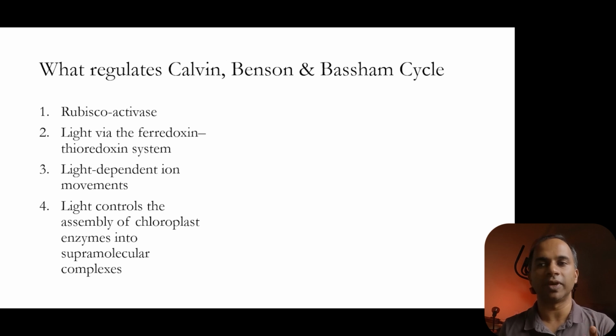One way is through the thioredoxin system, and also light-dependent ion movements, and also light controls the assembly of chloroplast enzymes into supermolecular complexes where all these different reactions can happen.